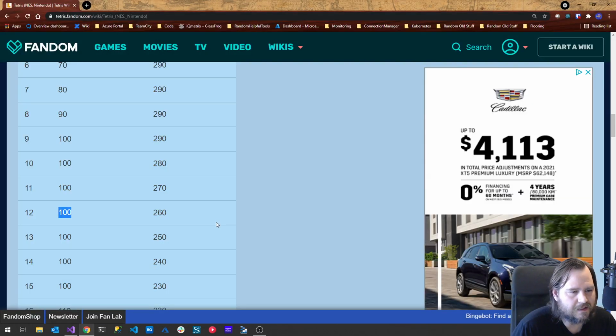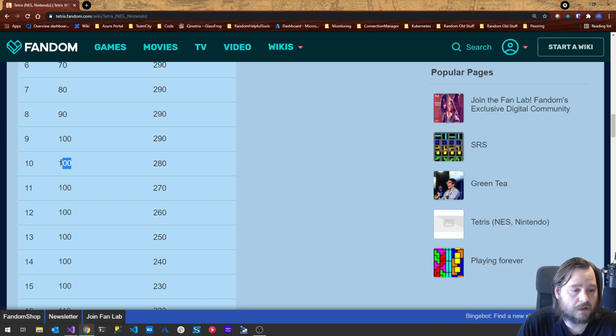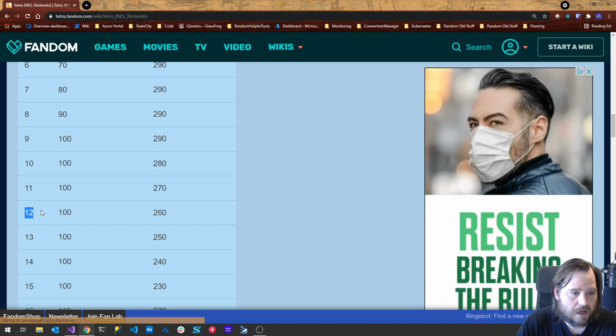You started at level 10. Once you get to 100 lines, you're at level 11. 110 lines, you're up to level 12. At 120 lines, you move up to 13, which is a speed increase.